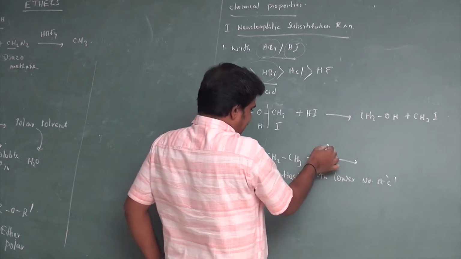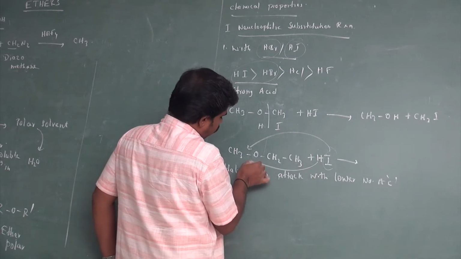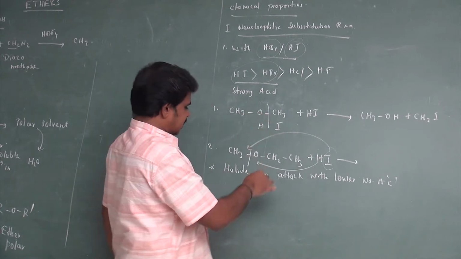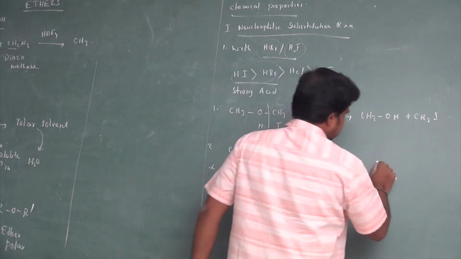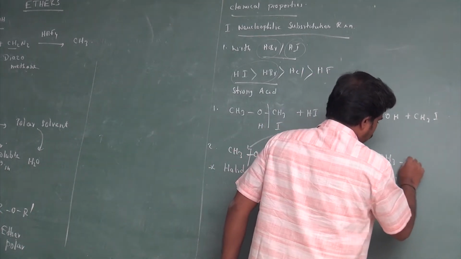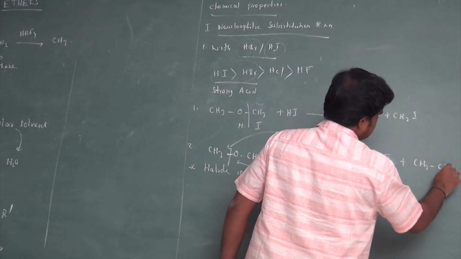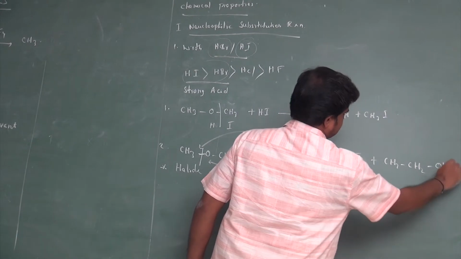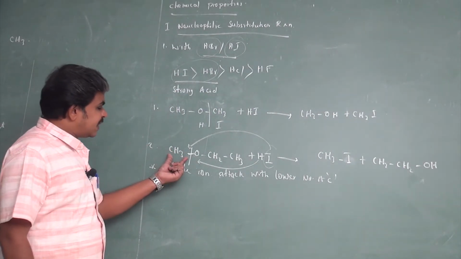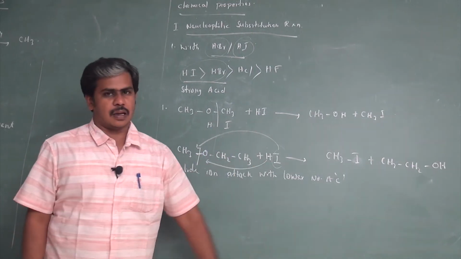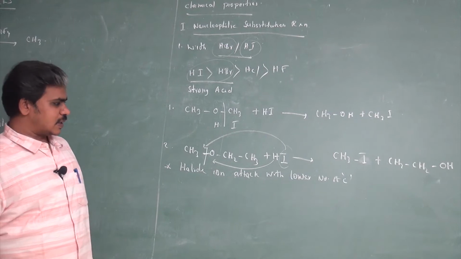So here the halide ion goes here and O here, so the bond cleavage occurs like this. So the best product is CH3I and CH3CH2OH. So methyl iodide and ethyl alcohol are the products.